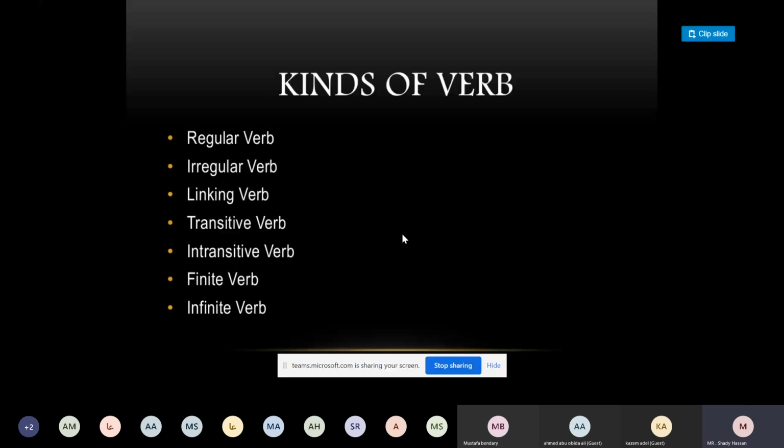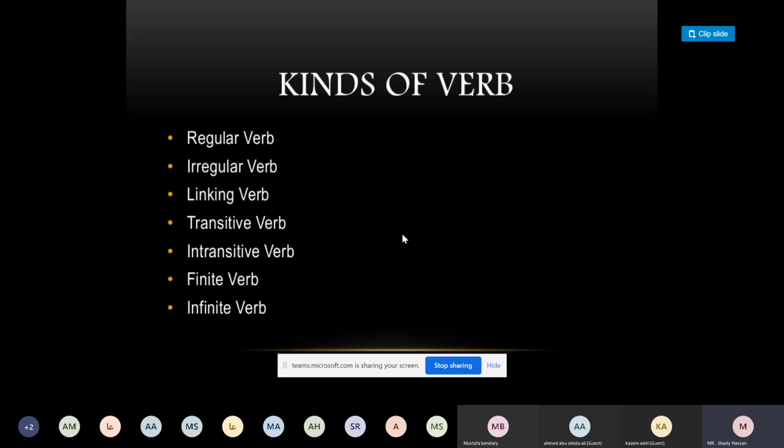So the lesson here is an object to the verb study. So study is a transitive verb because it takes an object. But when I say Ali slept in here, it did not take any object. That's why it's intransitive. So the transitive verb takes an object, but the intransitive verb takes no object.